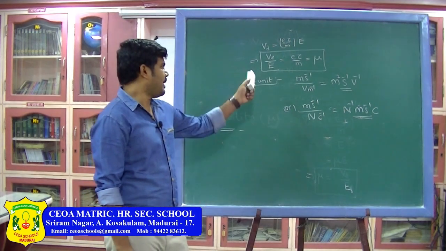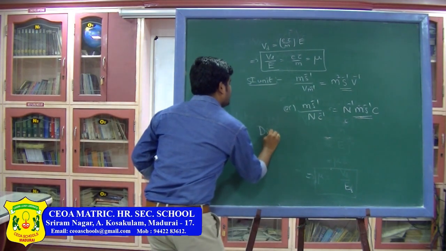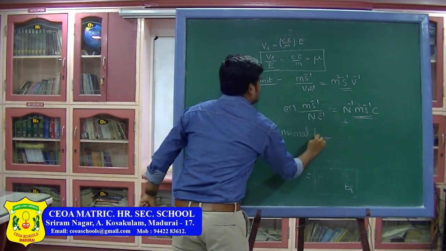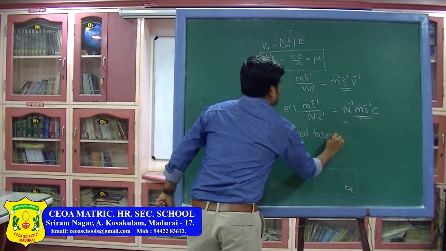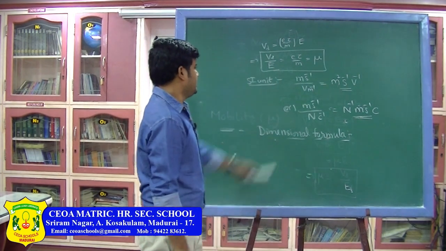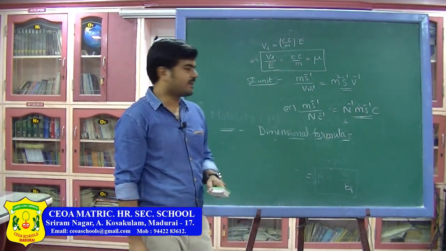Now, let us see the dimensional formula of the mobility. Dimensional formula for the mobility of charge carriers. Mobility is given by drift velocity per unit applied electric field.